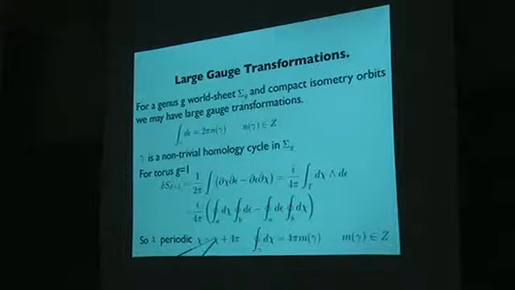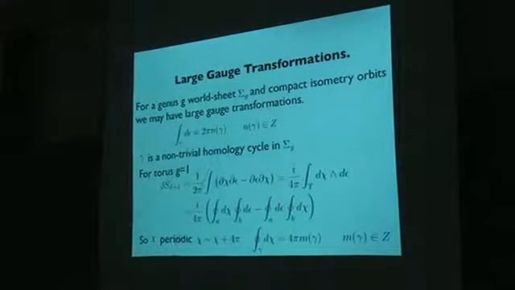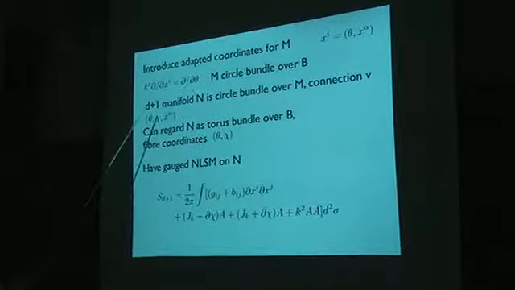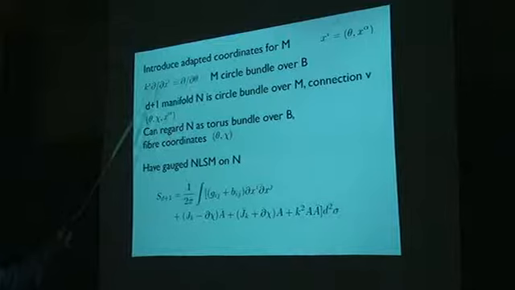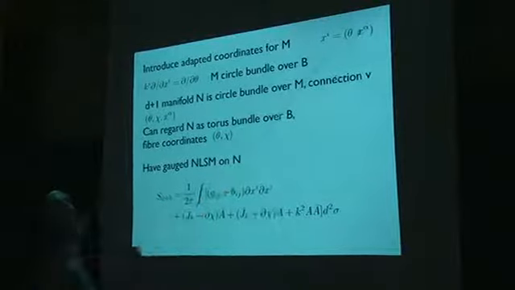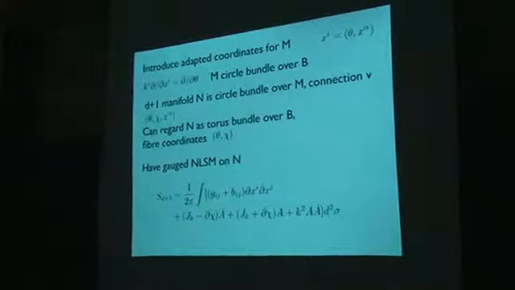And the reason why it's coming out as 4 pi rather than 2 pi is because of the units we chose for alpha prime. If we'd halved alpha prime, we'd have changed that. So to see what's going on a bit further, we can introduce adapted coordinates. If we introduce a coordinate theta along the orbit, along the Killing vector, so that moving in the Killing vector direction corresponds to shifting by theta, we have coordinates theta and then d minus 1 other ones.